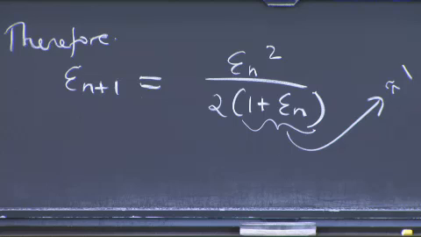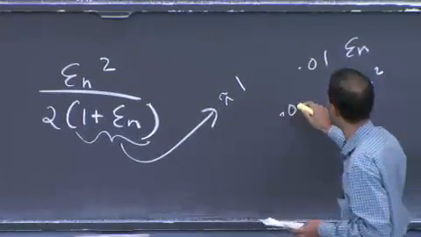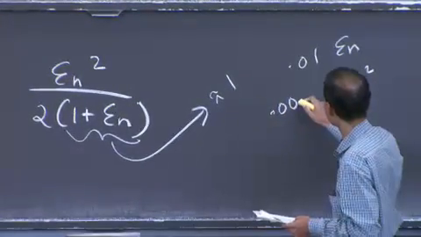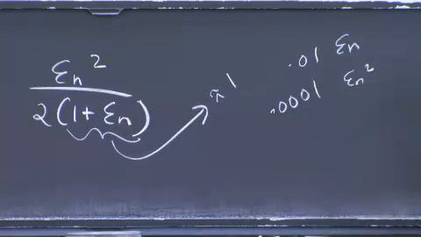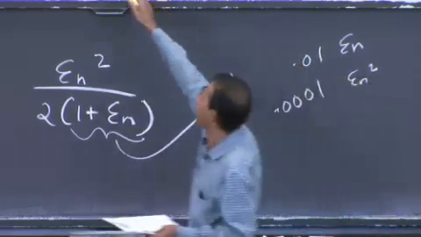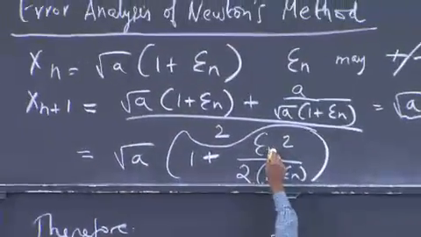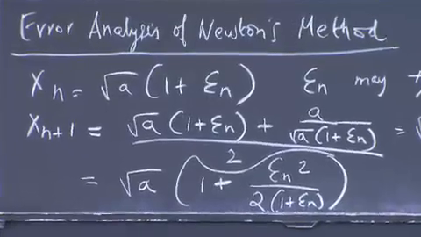And so if you have something like a 0.01 error at the beginning, epsilon n squared is going to be 0.0001. So that's where you get the quadratic rate of convergence. Okay? So it really comes from this relationship, epsilon n squared to epsilon n plus 1. Any questions about this?